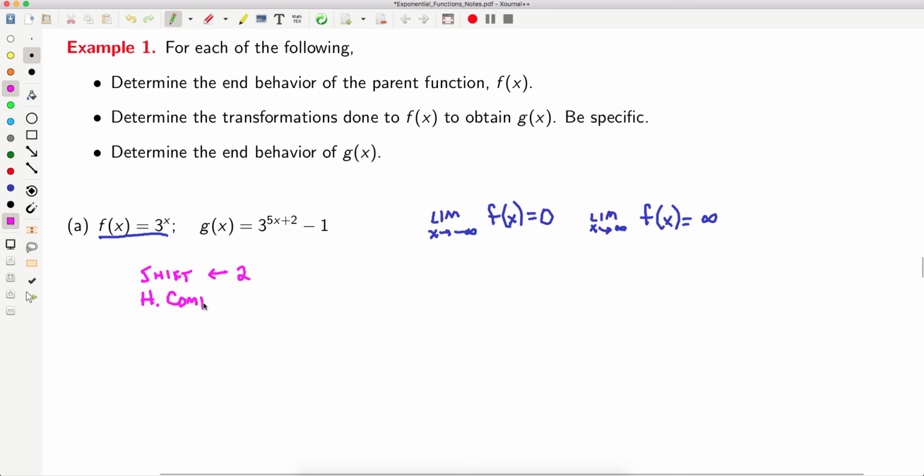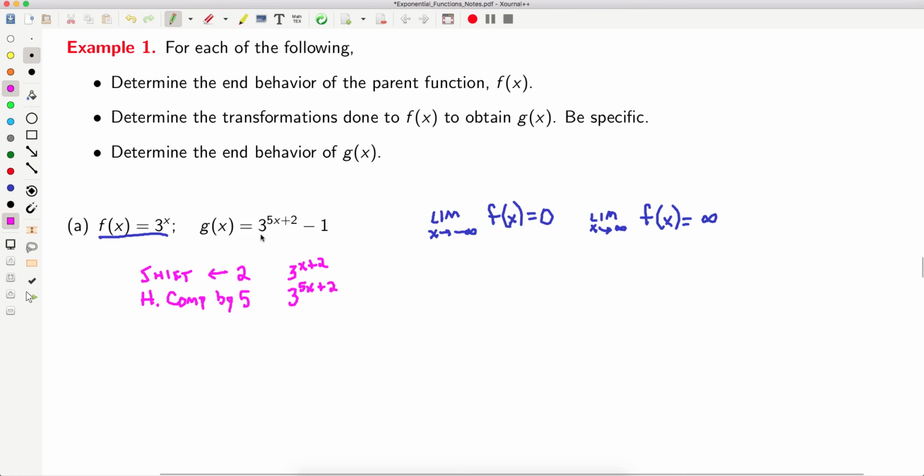It's going to take that 3 to the x plus 2 graph, and now if we evaluate f of 5x, we replace the x with a 5x. That's a horizontal compression by a factor of 5, so it presses it closer to the y-axis. So it's 3 to the 5x plus 2.